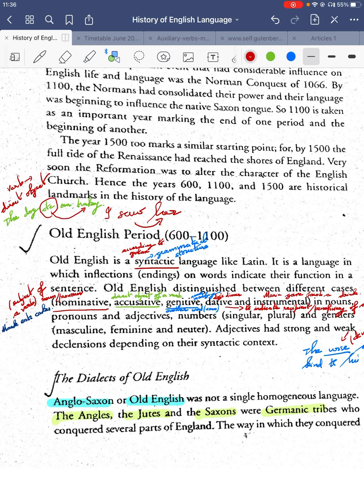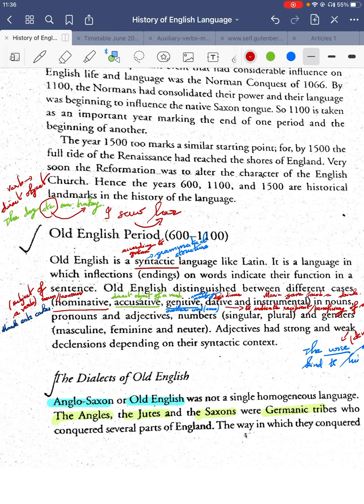Old English is a syntactic language like Latin. Syntax is the meaning, the grammar, the structures. You refer to Latin because it is a classical language; you always go back and refer to classical languages.